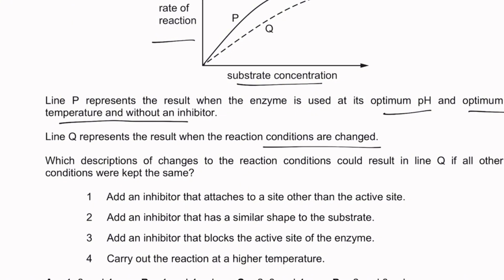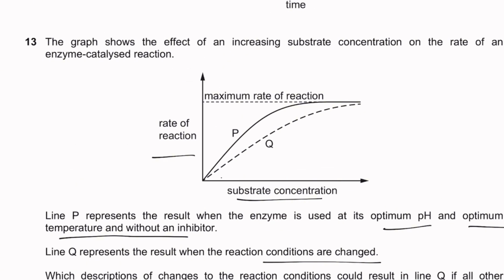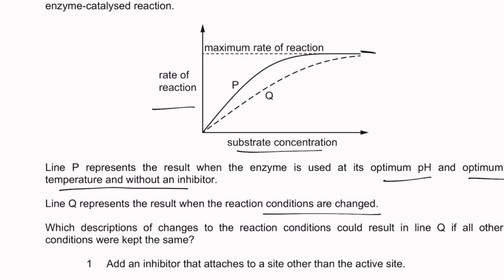So what descriptions of changes to the reaction conditions could result in line Q if all other conditions were kept the same? I would suppose that since we end up reaching the Vmax, we just reach it after lower rates of reaction. I suppose that basically this is a competitive inhibitor.